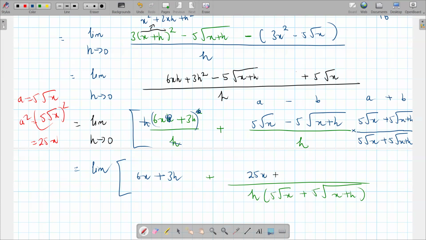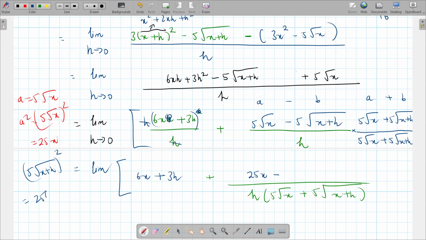What about b squared? This is our b. So if we square this, what do we get? So we would get 5 root x plus h, whole squared. 5 squared is 25. Root x plus h squared is what?